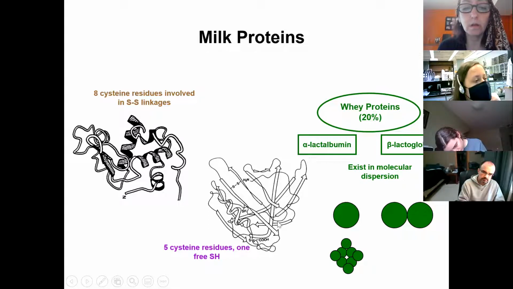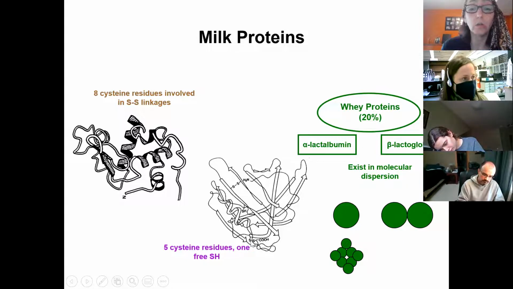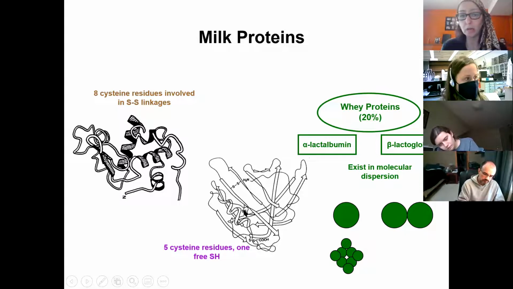Whereas beta-lactoglobulin has 5 cysteine residues. 4 of them are interacting via disulfide, 1 and 2 here and 1 and 2 here. And then you have that free sulfhydryl group, very reactive, which is important for gel formation.